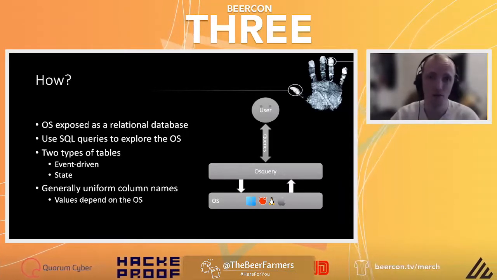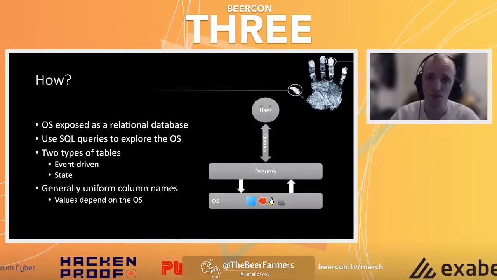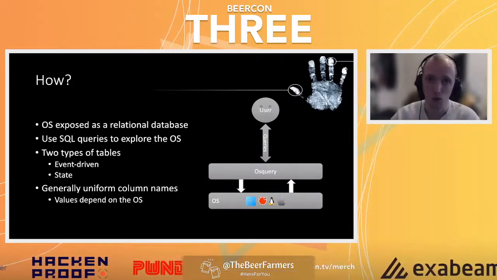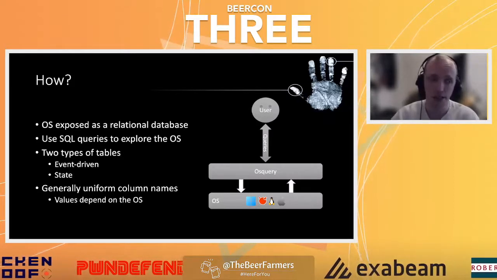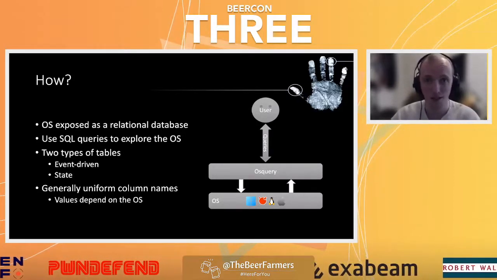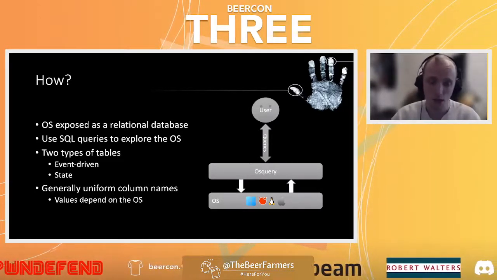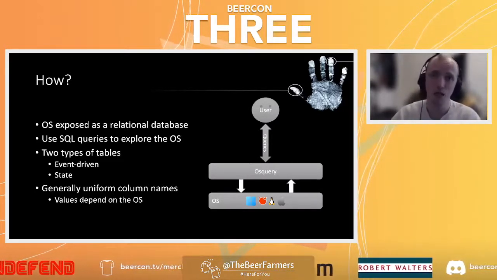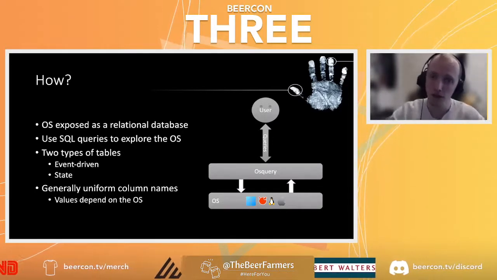You can also, for example, have process events. You want to know which processes have launched, or how a process got launched. That's also in an event-driven table, process events. An example of a state-driven table is just the file table, not file events, but file.